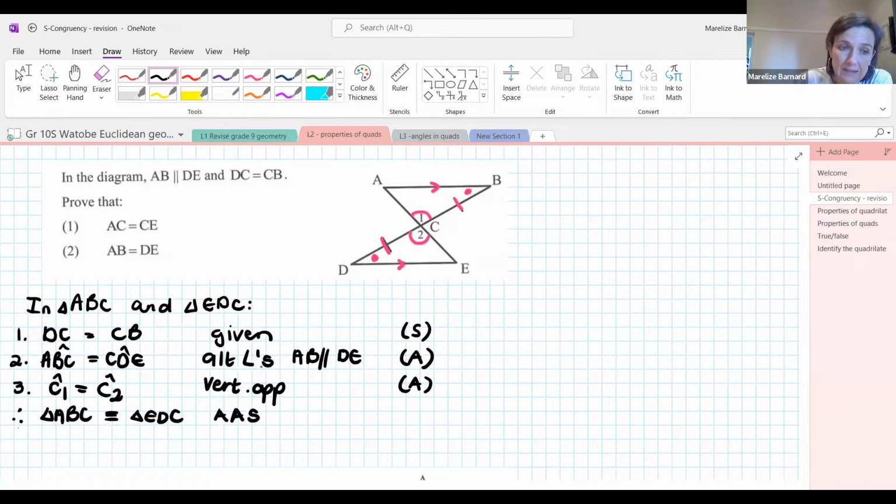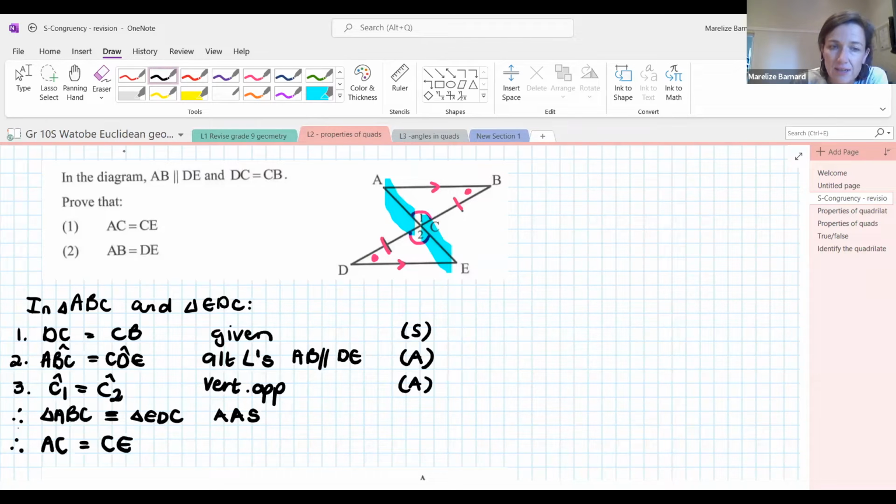Which then means the two triangles are exactly the same in every way. So that means that AC must be equal to CE. So this side must be equal to this one because of the congruency. So AC equal to CE.